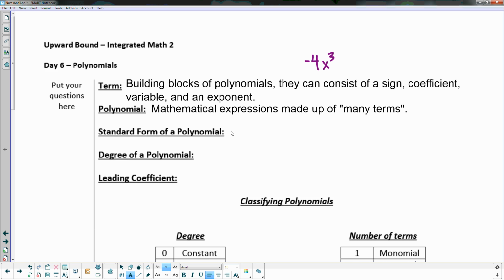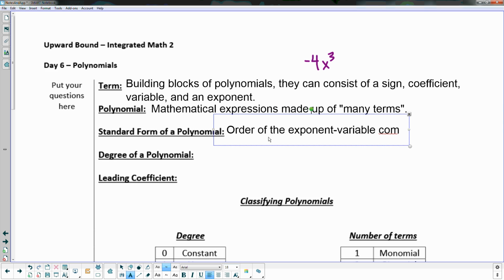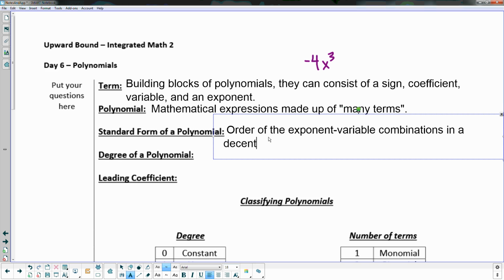The standard form of a polynomial is just a different way to write a polynomial, but it's dependent on the order of the exponent variable combinations in a descending manner.